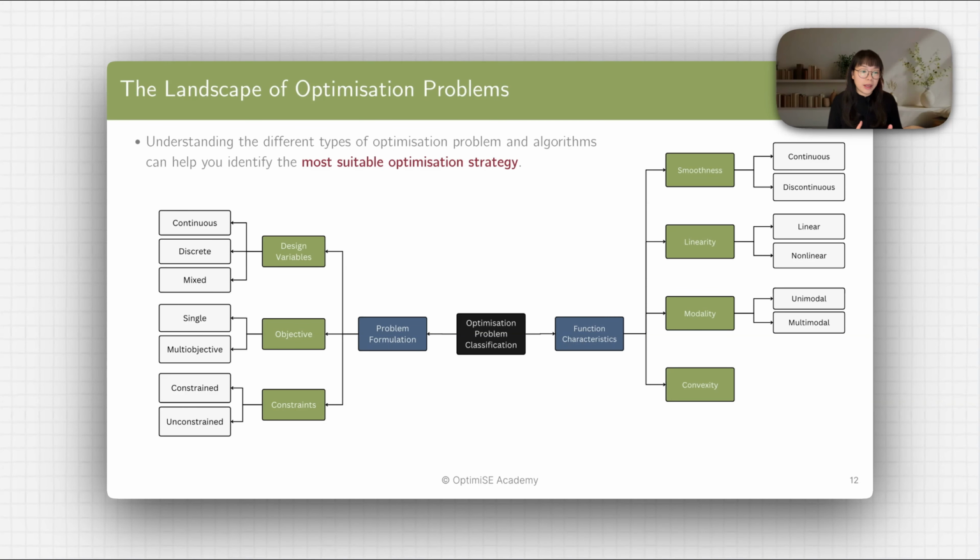Now, another way to classify a function would be convexity. We'll look at convexity later on in the next lesson. Essentially, a function can be convex or non-convex. Convex functions actually represent a very small amount of functions that we'll look at, but they actually inspire a lot of other optimization algorithms that can deal with non-convex functions as well.